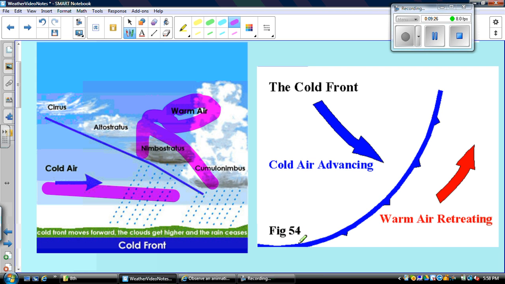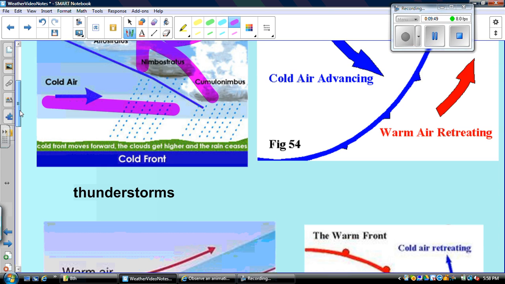Now, the weather symbol for a cold front, and it's a really easy way for me to remember, is the triangle. I think of it as icicles, so that goes with a cold front. And these triangles point to the direction that the cold air is moving to. So right now, this cold front is moving southeast. So that's a cold front.